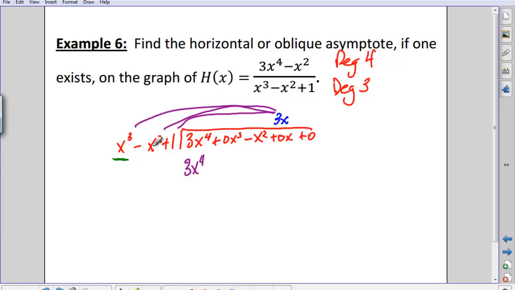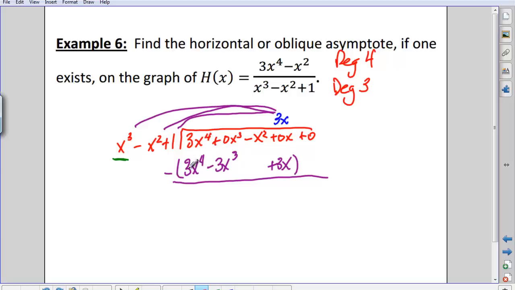3x times negative x squared is minus 3x cubed. 3x times 1 is 3x. So multiply back through, keeping everything lined up in the columns. And then the next step when you're doing long division is to subtract. Now when you subtract here, you got to be careful because we're subtracting all of these terms.